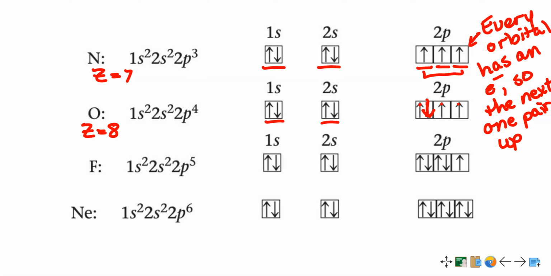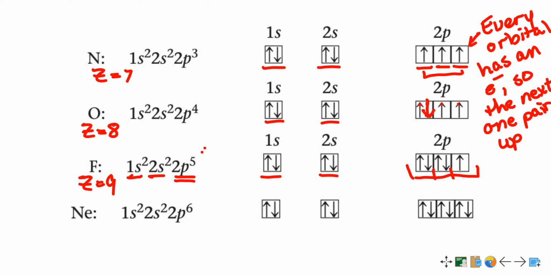Okay. We see the same thing with fluorine, which has an atomic number that's 1 greater than 8, 9. Okay. 1s2, 2s2, 2p5. We've paired up our electrons again. And when we go back and look, our electron configuration is telling us this. 1s2, 2s2, 2p5.